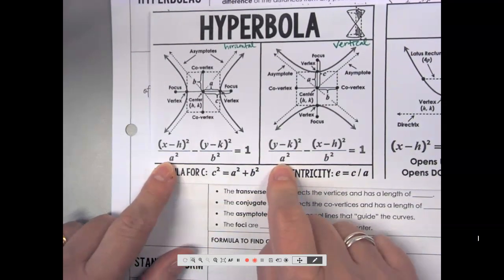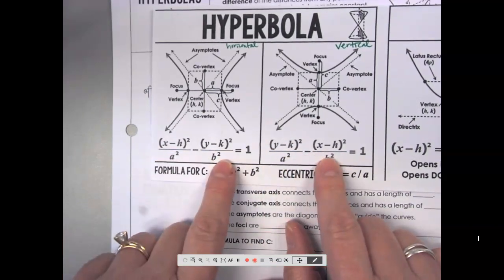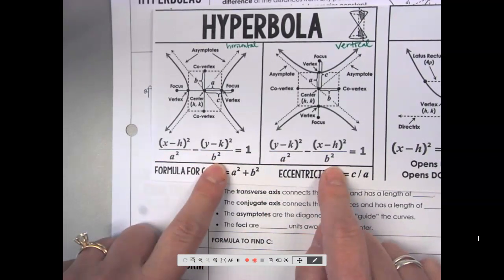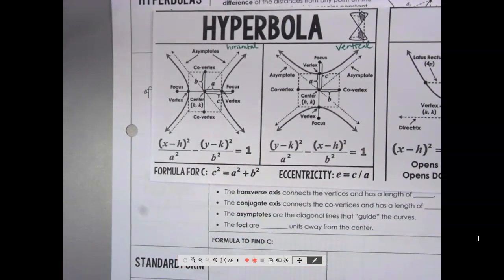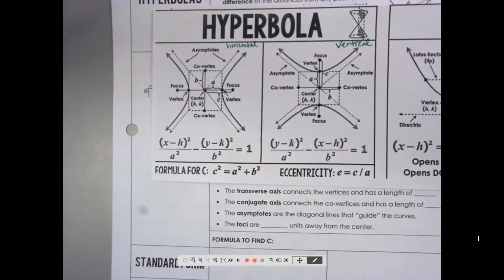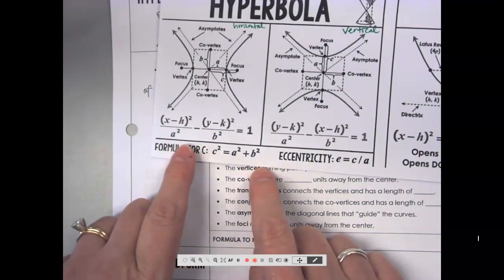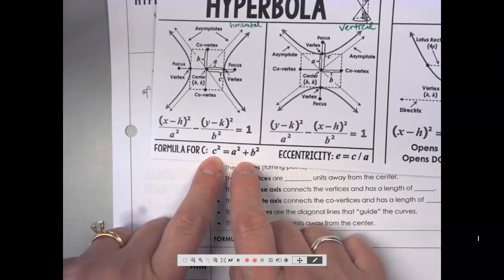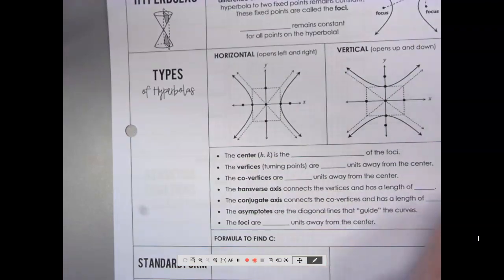Now when I say positive term, that's the one that's not being subtracted. I'll call this the negative term and this the positive term. The one that's being subtracted is the negative. So with this one, a squared is always with the positive term, and we'll write that down in our notes in just a minute. And then you'll be happy because the Pythagorean relationship here is a squared plus b squared equals c squared. So that's not different and weird like it was with the ellipse.